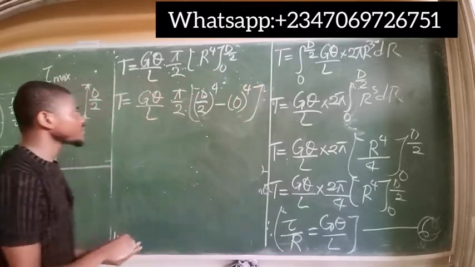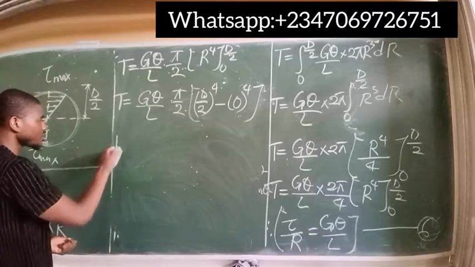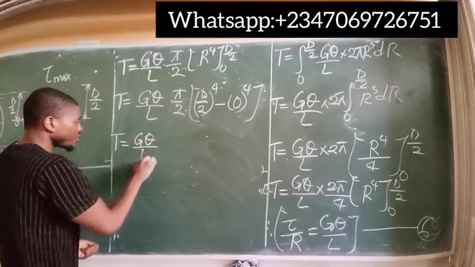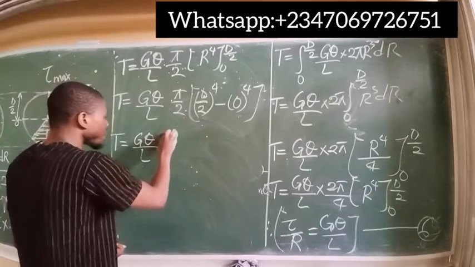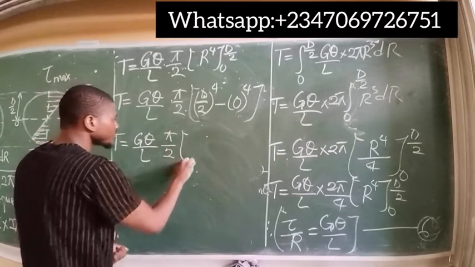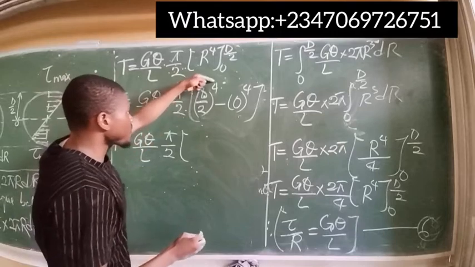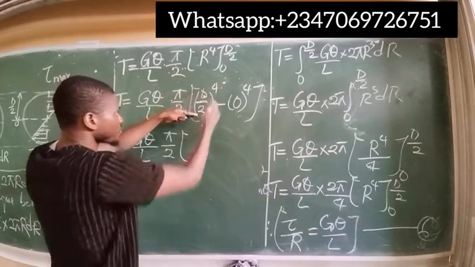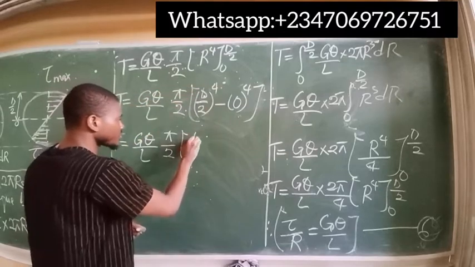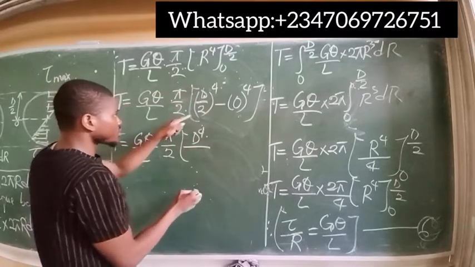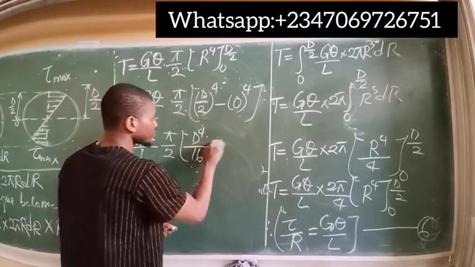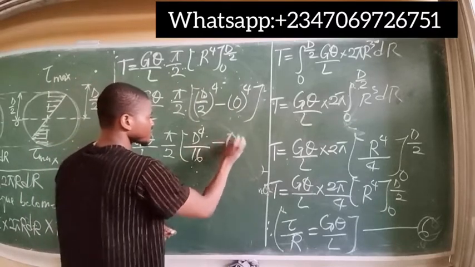So torque T is now equal to Gθ all over L times π all over 2 into d/2 to the power of 4. Of course, this simply means d to the power of 4 and 2 to the power of 4. d to the power of 4 gives us d⁴, all over 2 to the power of 4 gives us 16, minus 0. Of course, 0 to the power of 4 remains 0.